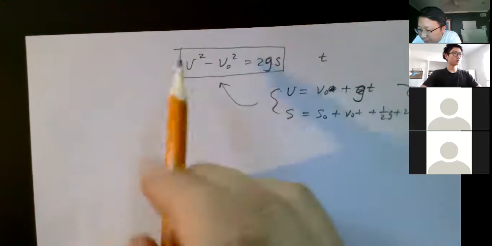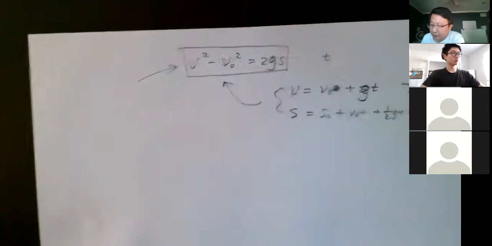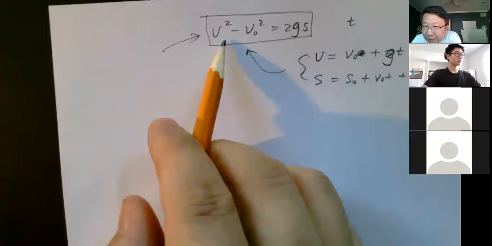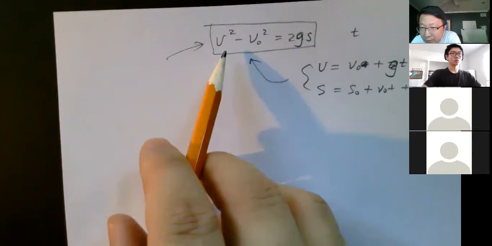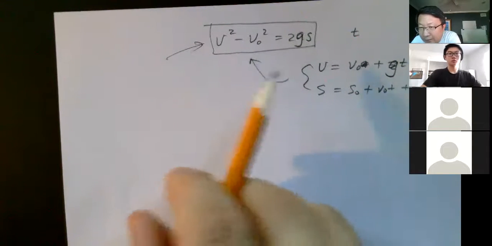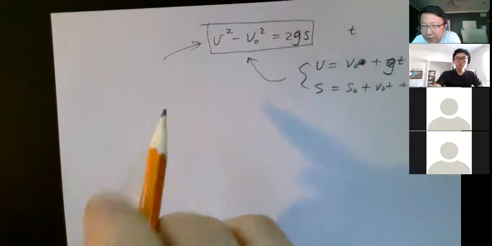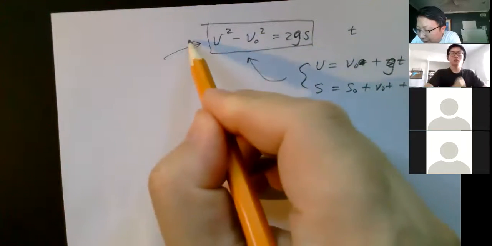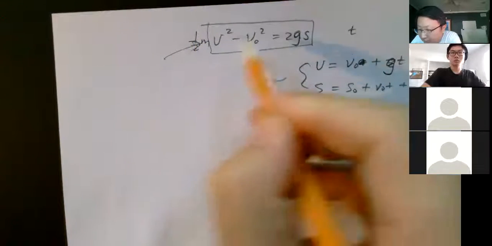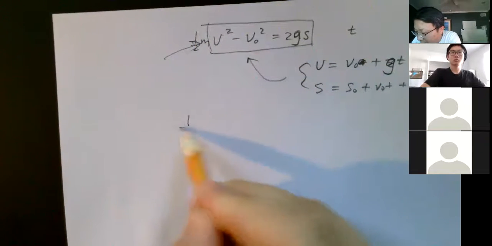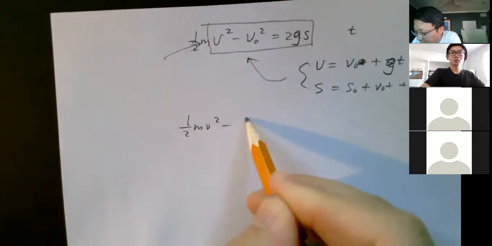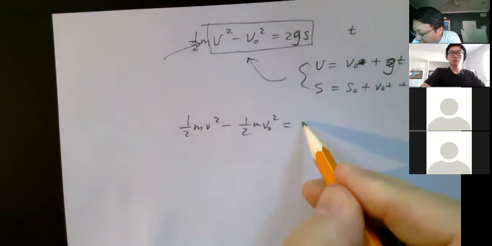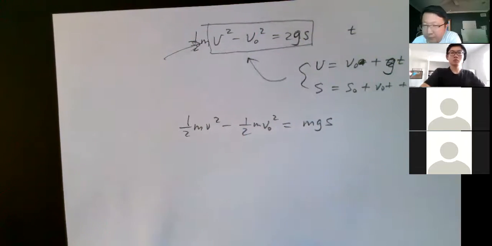But what is this formula? Let me prove it this way. This actually is energy conservation. You may not realize it, but it is. Why? Because if you multiply both sides by 1/2 m, you get 1/2 m v squared minus 1/2 m v naught squared equals m g s.